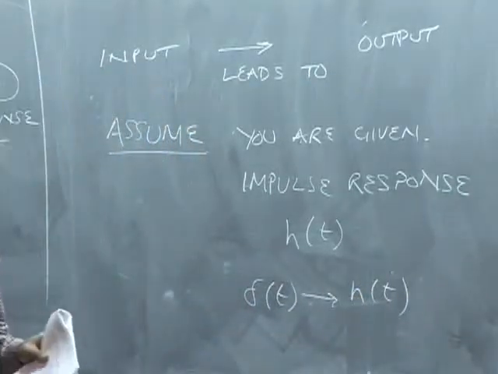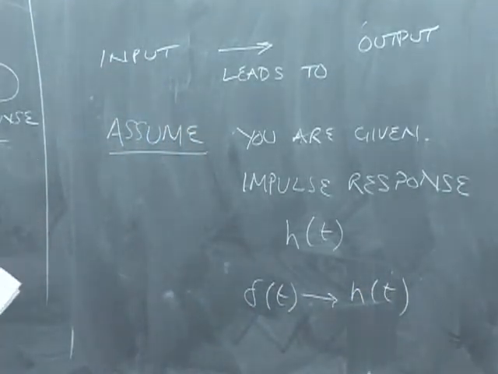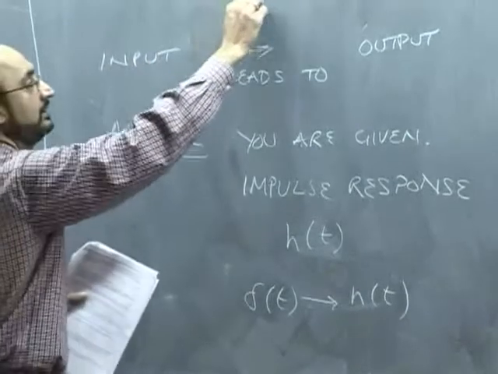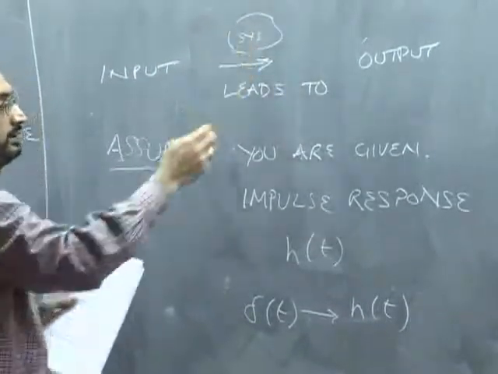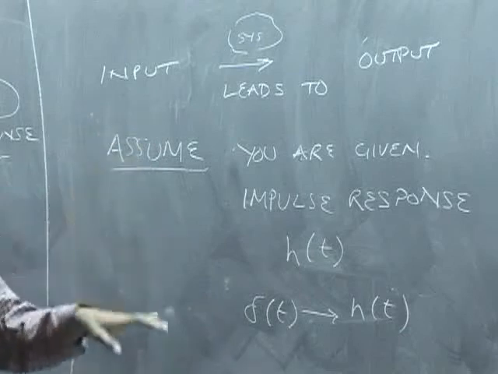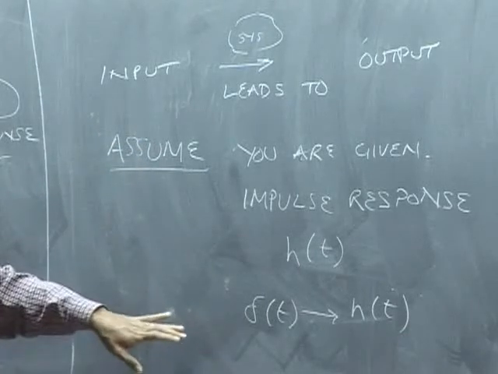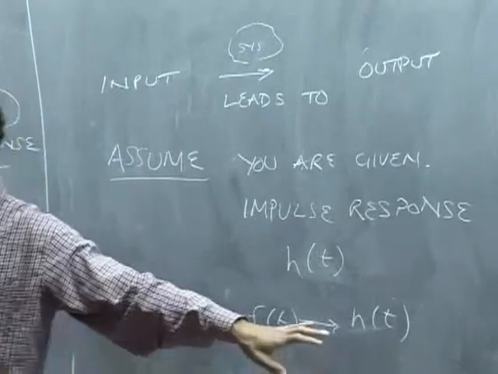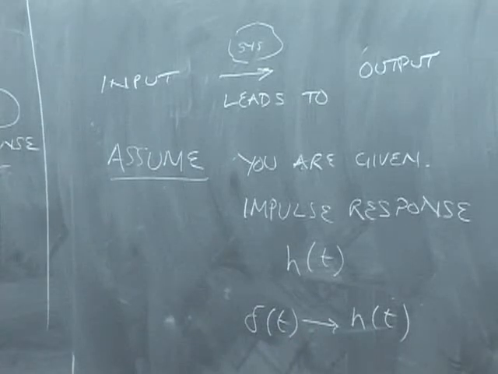In other words, the system in the middle, okay, so the system is sitting over here. It converts this input to that output. So if you give it an impulse delta t, it's going to give you an impulse response h of t. It could be complex. I don't really care what it is.